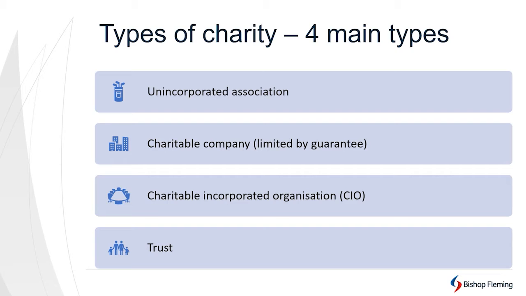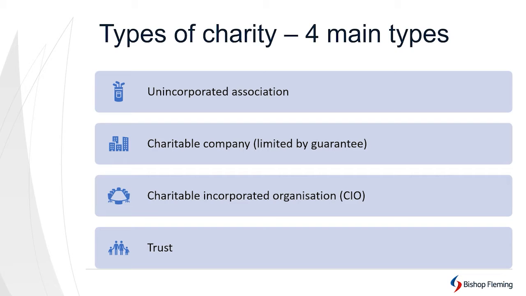It's a good option, and I see a lot of new charities being set up as a CIO, and quite a lot of unincorporated associations transferring into this type of organisation to give them that protection.